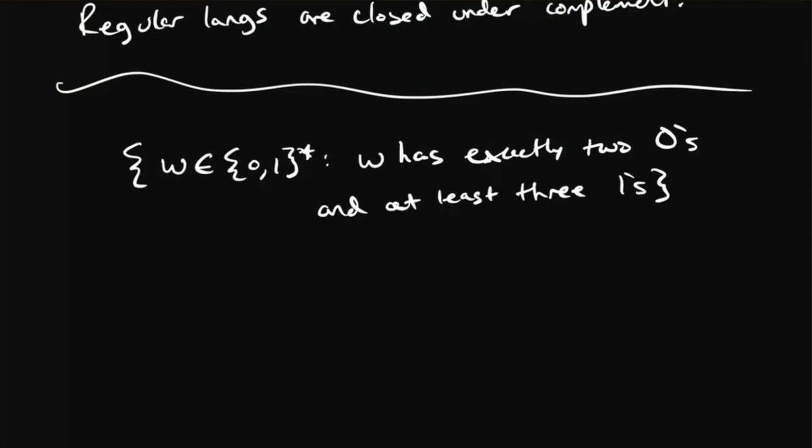So if we want to figure out how to make a DFA out of this, could we say, let's make a DFA for the first piece, the exactly 2 zeros piece, and then make another DFA for the at least 3 ones piece, and then if regular languages are closed under intersection, can I make a DFA for this whole thing?